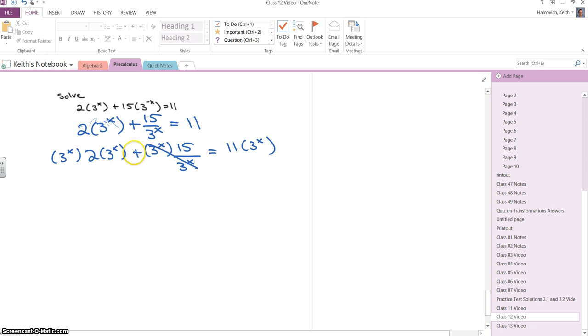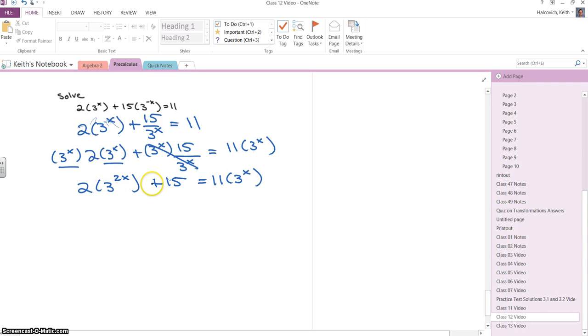When I do that, that goes away. This becomes 2 times 3 to the 2x, because remember when you multiply these, you add the exponents. x plus x is 2x. And then here you have 11 times 3 to the x.